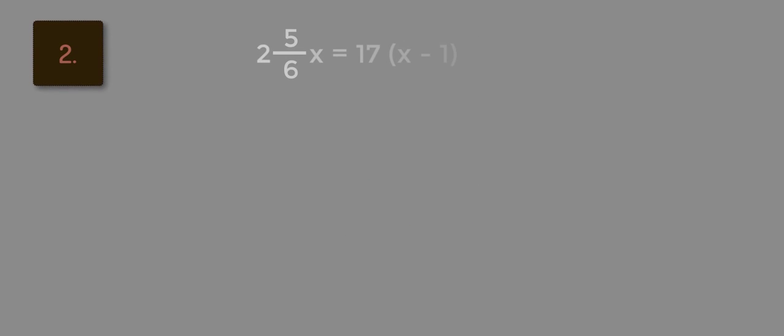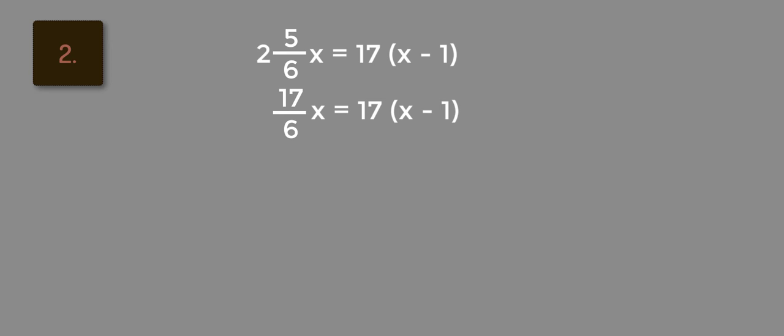Now the second problem, let's look at making the mixed number an improper fraction first. So 6 times 2 is 12 plus 5 is 17. 17/6 x equals 17 times x minus 1. And this is one of those instances where technically the next step would be distributing the 17 into the parentheses.